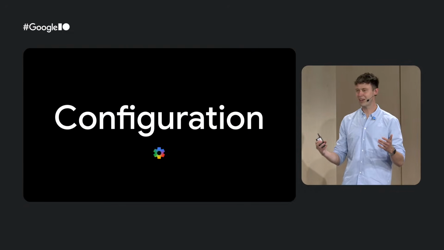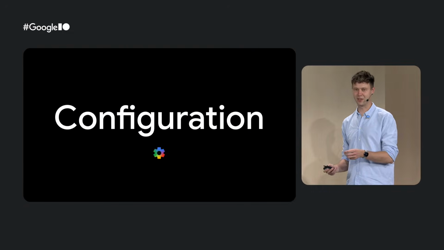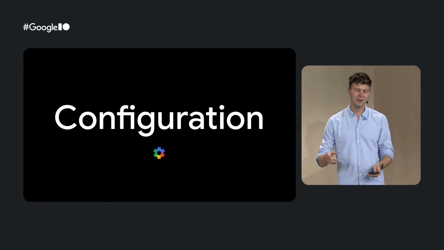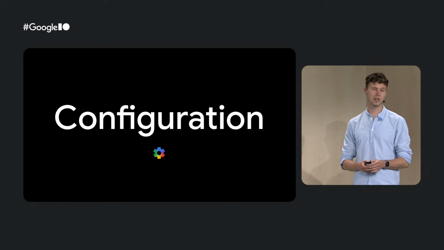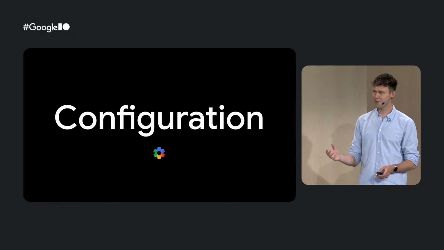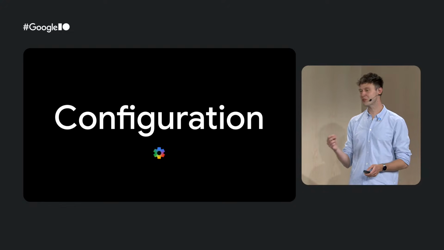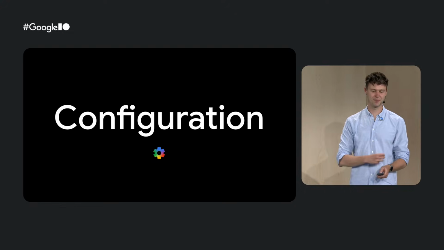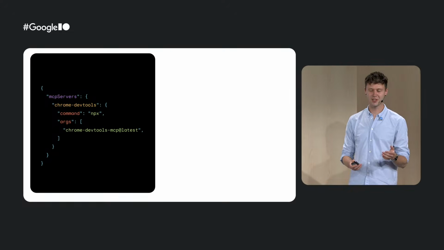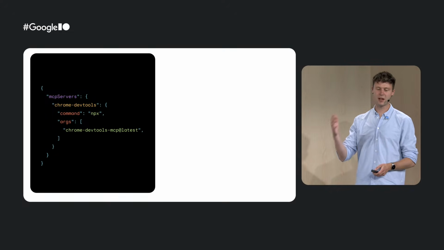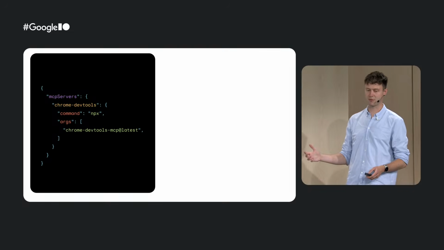Now, there is one last topic I want to look into with you: configuration. While DevTools for Agents works for most use cases out of the box, there are some configuration options you can use to tailor it to your own needs. To configure it, when using Chrome DevTools for Agents as an MCP server, find the file that has your MCP server's config.